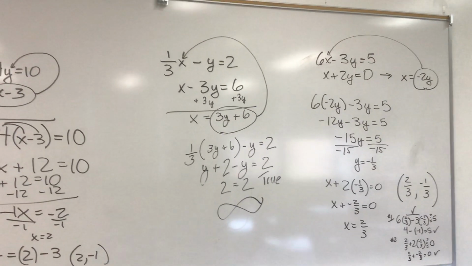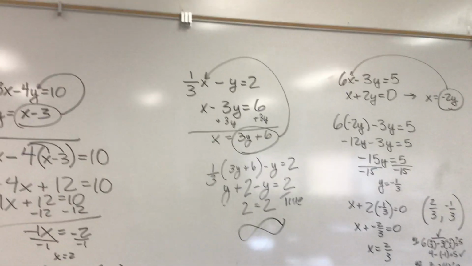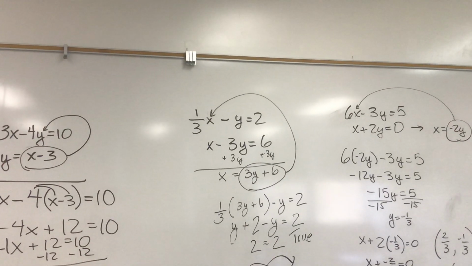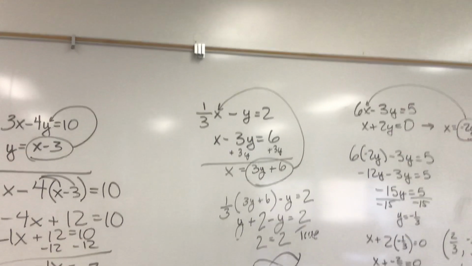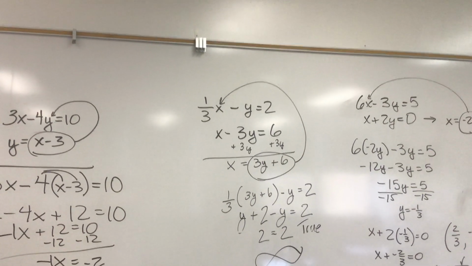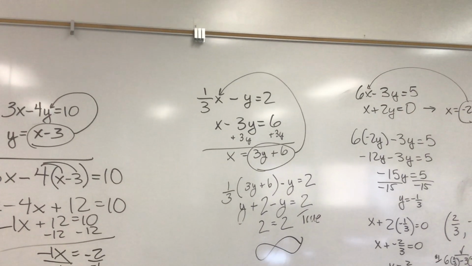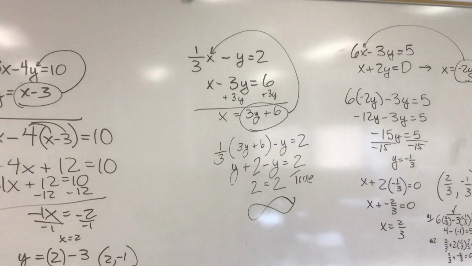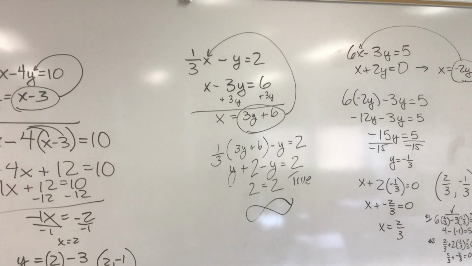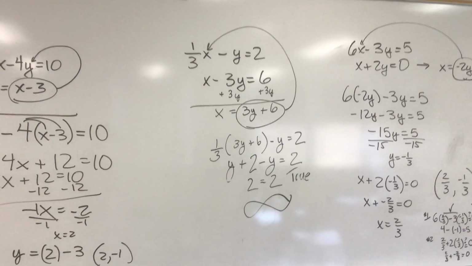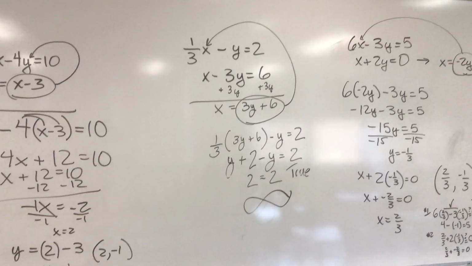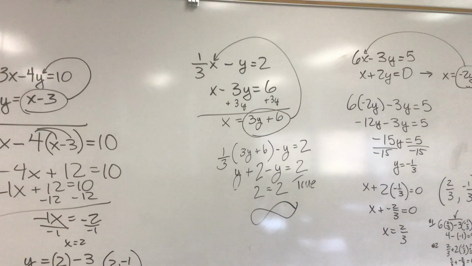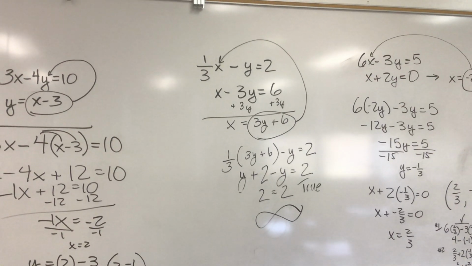It also tells me these are the same line, which if I were to go back and solve that first one for x, I would end up with x equals 3y. I'd end up with the same exact line. That's why there's an infinite number of solutions, okay? That's why the variable dropped, to give me that true statement, infinite number of solutions.